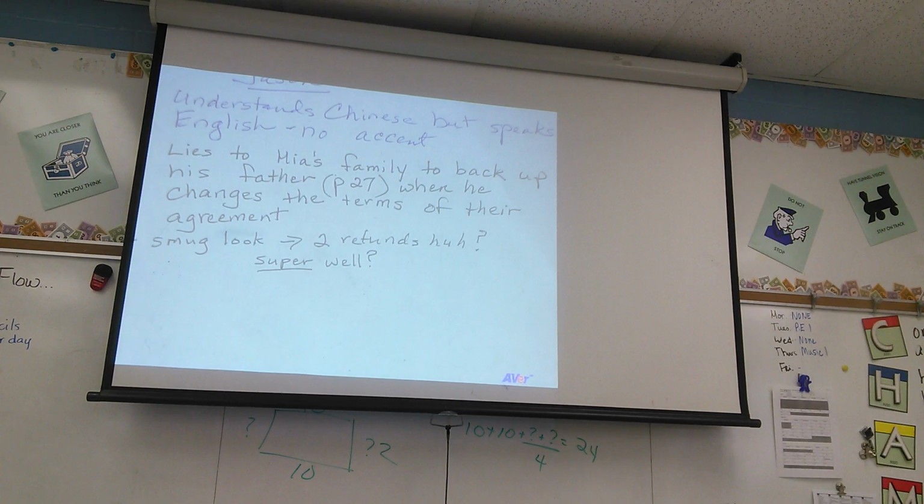Kendall, what's your idea? That he's scared of his father and he's kind of backing his father up. Okay, he's backing his father up. I would agree with that idea because I wrote it. But what evidence do you base your idea that he's scared? Is there anything about his body language? Is he shaking?